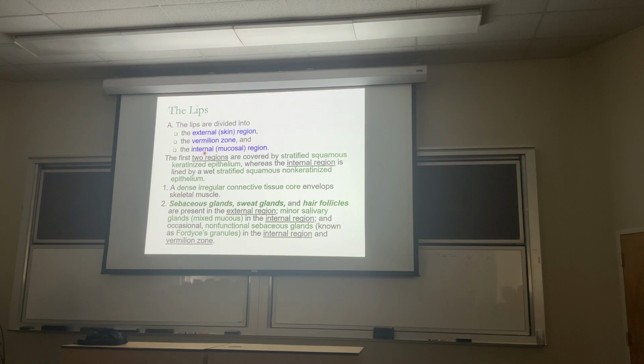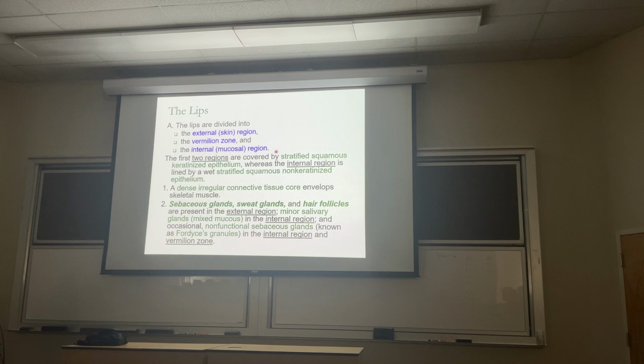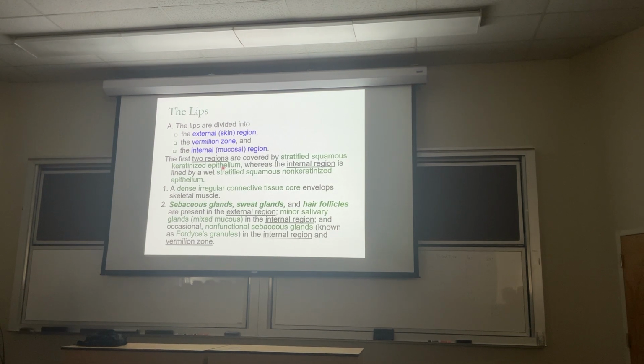Then we have the inside of the mouth, that's still part of the lips, and that's called the internal or mucosal region. These first two regions have stratified squamous keratinized epithelium. They look like the skin, a typical skin epithelium. The internal or mucosal region is stratified squamous, but it's non-keratinized.